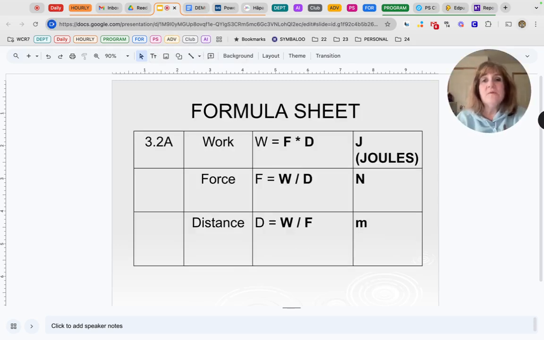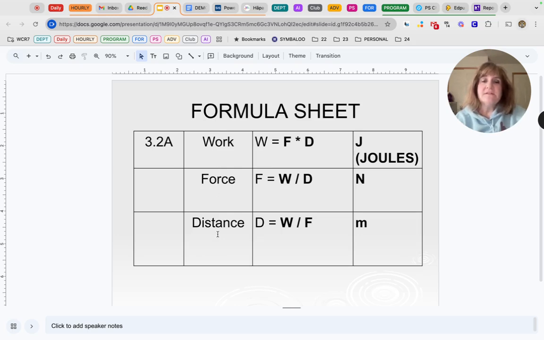So on your formula sheet, it's on the back of the yellow. On your formula sheet, you need to copy down, in 3.2a, work: W is equal to F times D, and it's measured in joules. Remember this first column that has the words in it, work, force, or distance, is what you're trying to find.